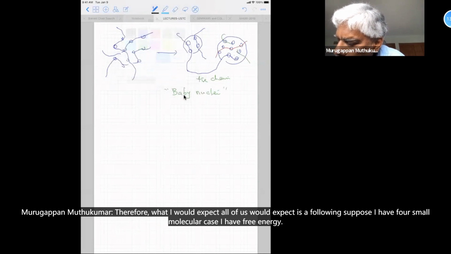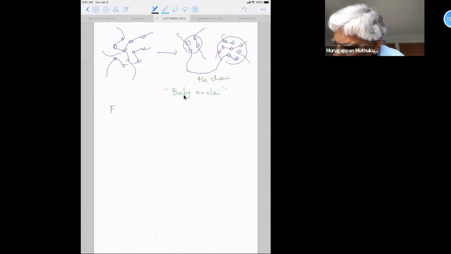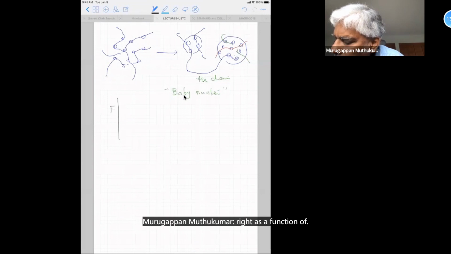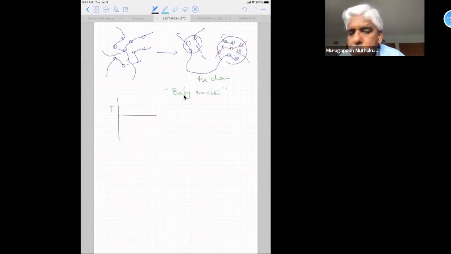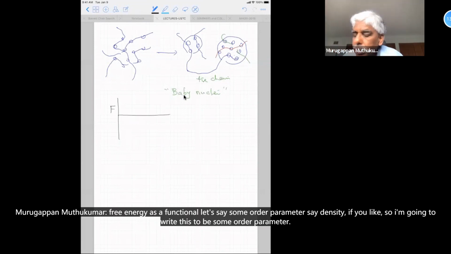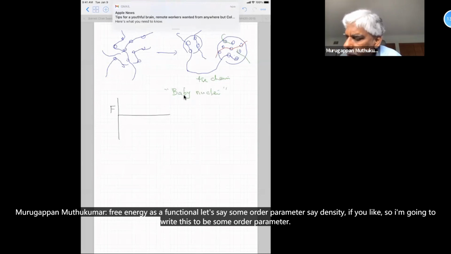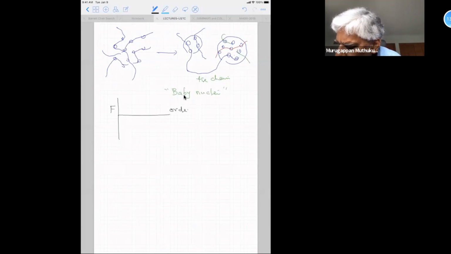Suppose I have, for the small molecular case, free energy as a function of, let's say, some order parameter, say density, if you like. So I'm going to write this to be some order parameter, which is a measure of ordering, right?